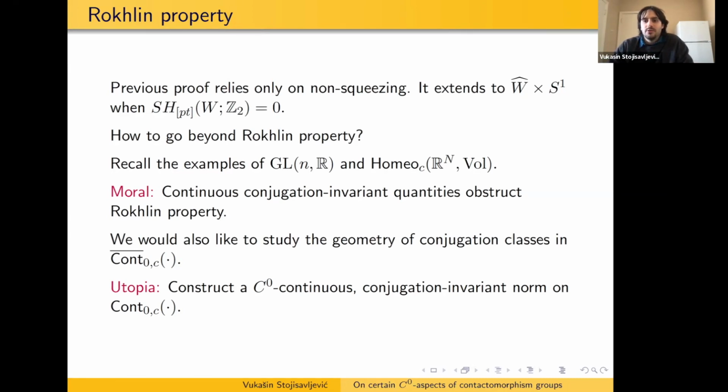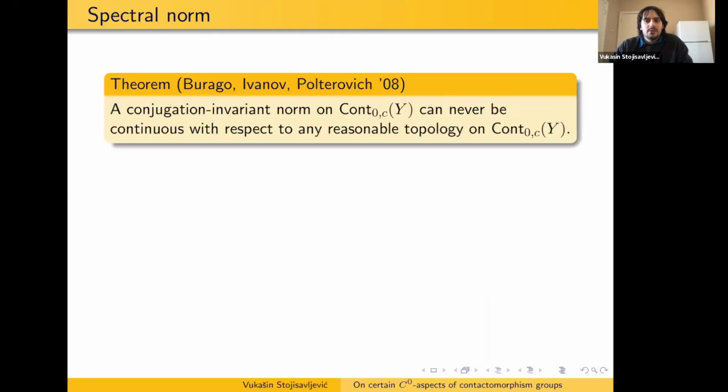That would be a complete utopia and everything would be great. But we have this anti-utopian theorem, which says that if you have a conjugation invariant norm, it can never be continuous with respect to any reasonable topology on the contactomorphism group.